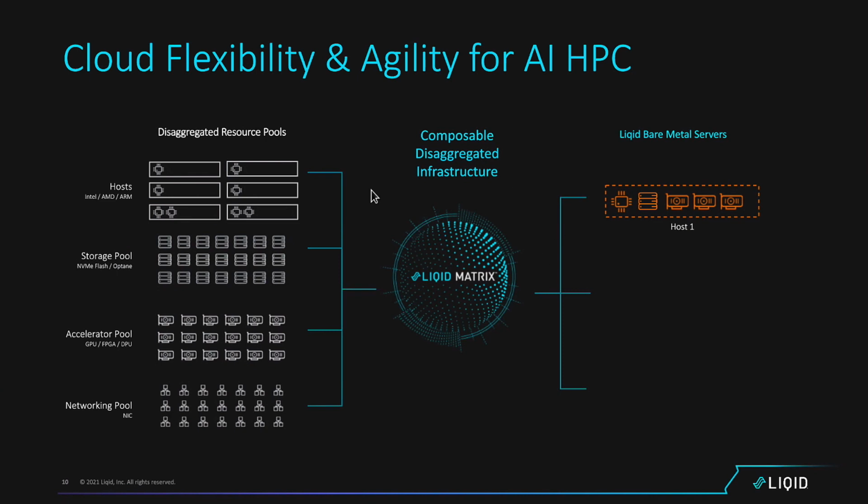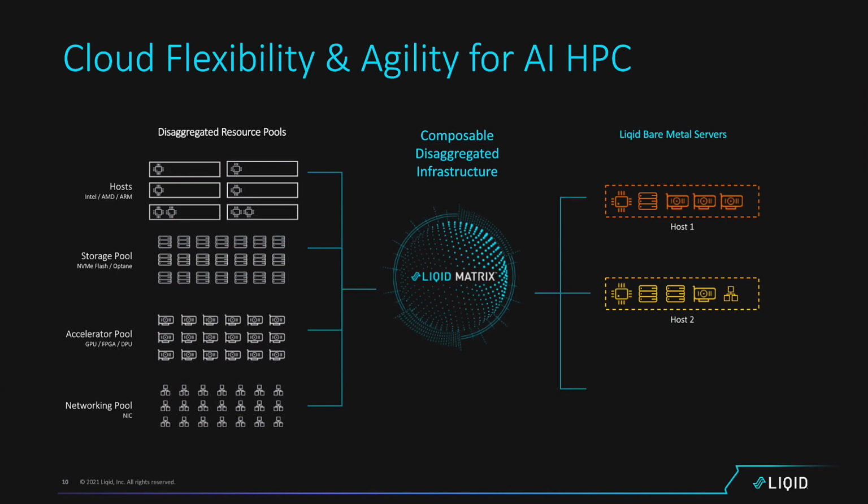And we expose it via a side channel software interface to the physical enclosures that contain all these devices. Then we allow machines to be dynamically created from this whole pool of resources.